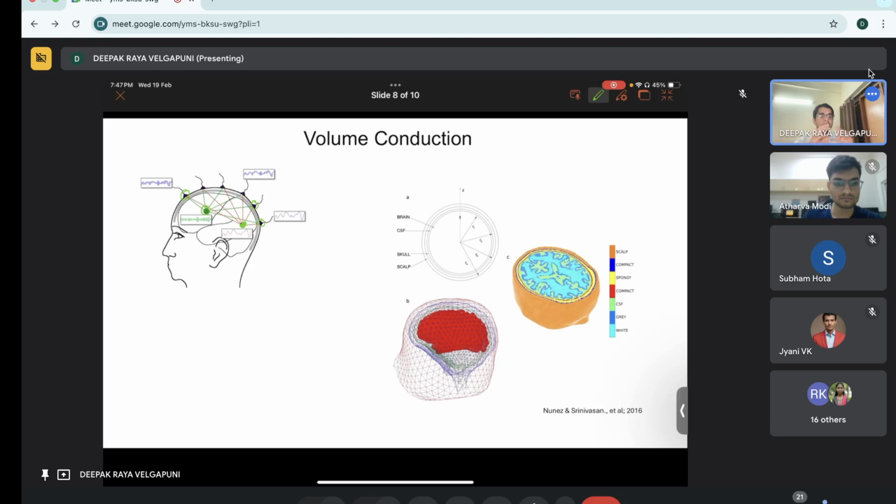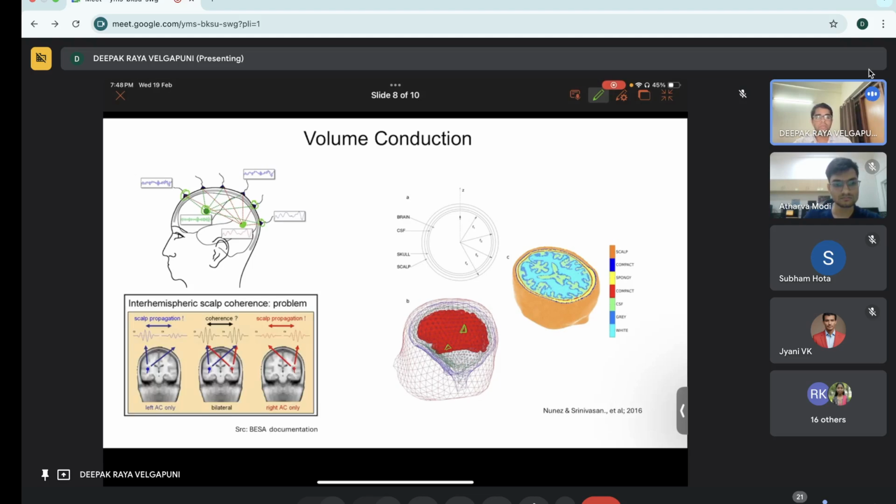Also they're like a conducting medium, therefore they pass through the whole brain, and you see this volume conduction effect happening. There are a few techniques which use the finite element method, where they draw small mesh grids over the brain, and in each mesh grid they use some matrix theory based analysis to find the sources.